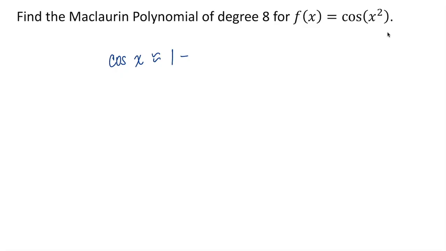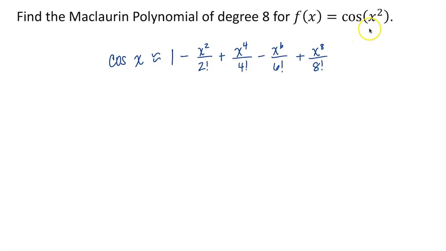So 1, and the terms alternate. So minus x squared over 2 factorial plus x to the 4th over 4 factorial minus x to the 6th over 6 factorial, and so on. So here, I'll actually go up one more, x to the 8th over 8 factorial. So this is a Maclaurin polynomial of degree 8 for just cosine x.